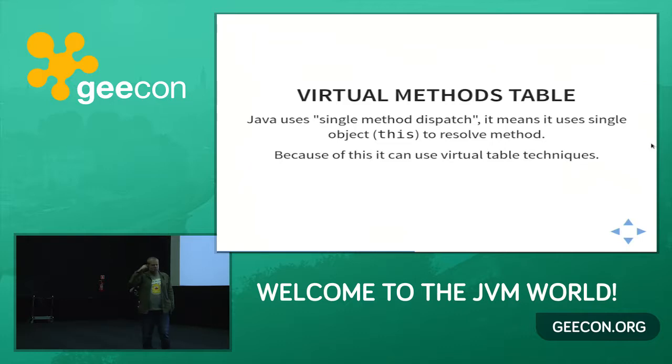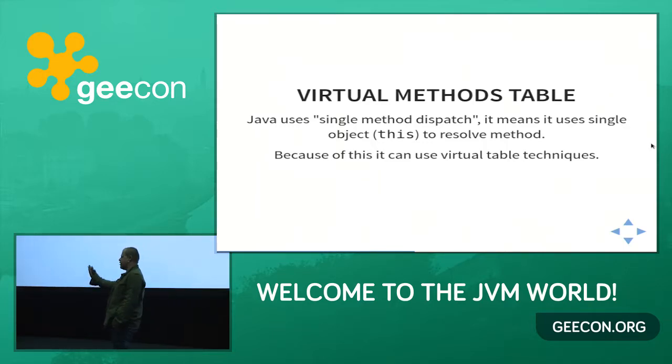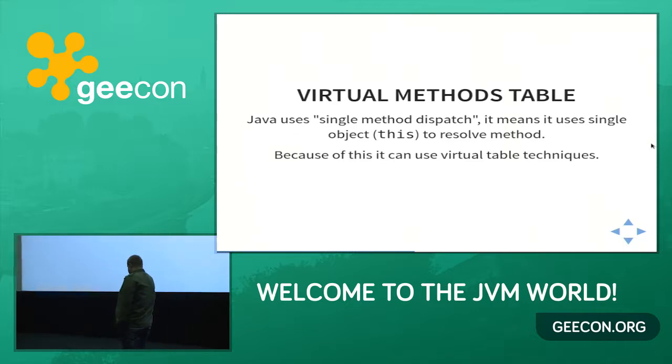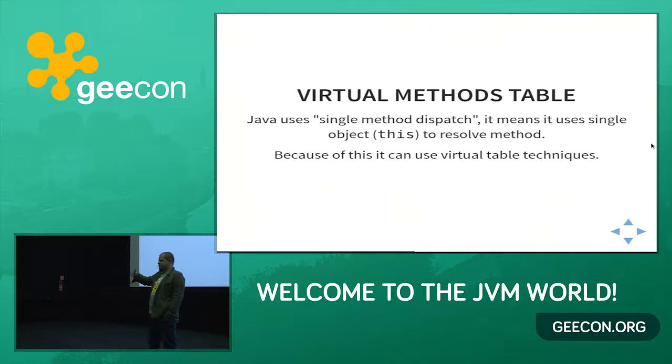There are languages where this matching is more complex, but Java uses this really simple technique. It depends on what you are going to call this method on, okay? And because it's single dispatch, it can use something called a virtual method table. So it keeps the list of all methods in a table.